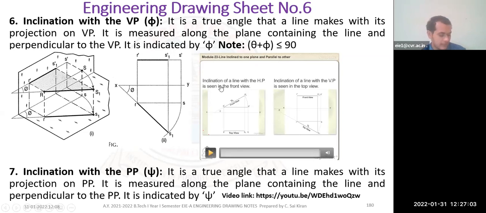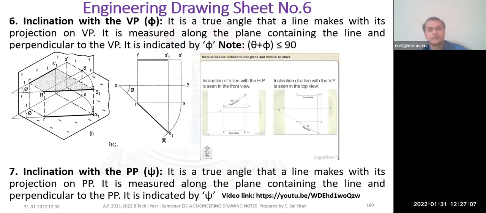So here it is saying that whenever a line is inclined with respect to HP, true length is seen on the front view and the top view will be a little bit reduced.